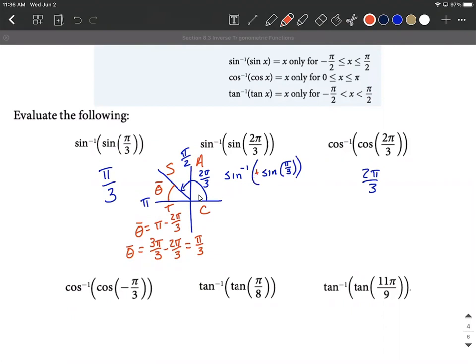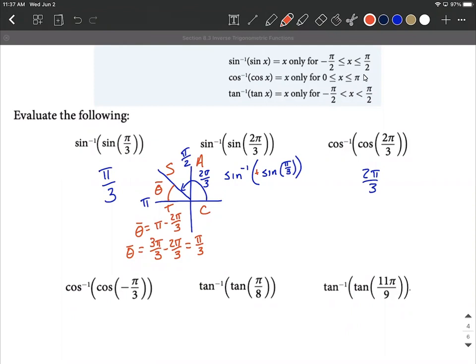If that had happened to land in either the third or fourth quadrant, I would be doubly sure to include a negative out in front. Okay, so sine inverse of sine of pi over 3, the sine inverse of sine of x up here, that pi over 3 fits in the correct range between negative pi over 2 and positive pi over 2.